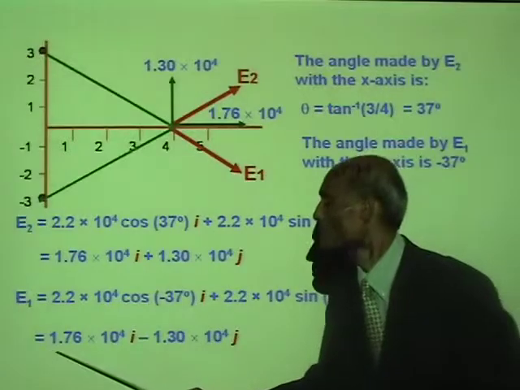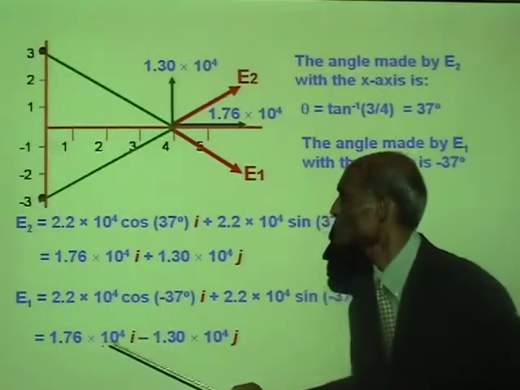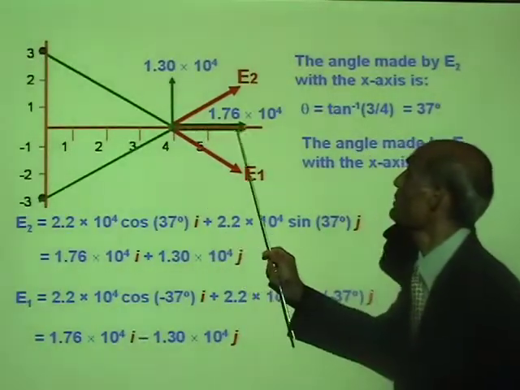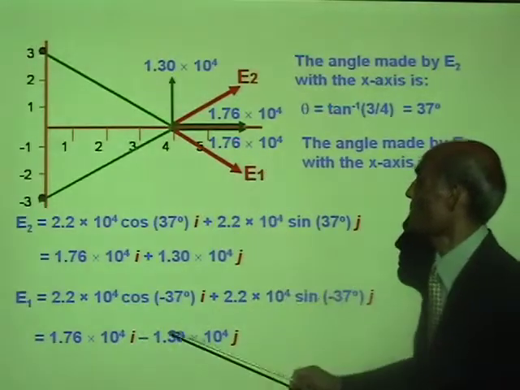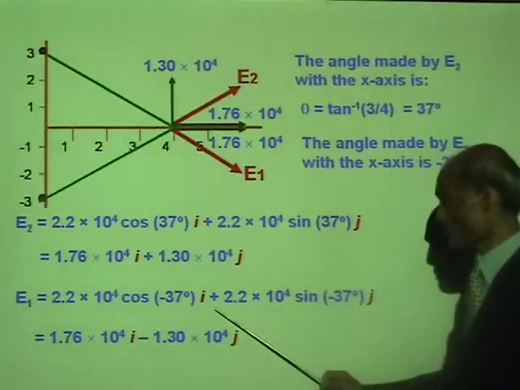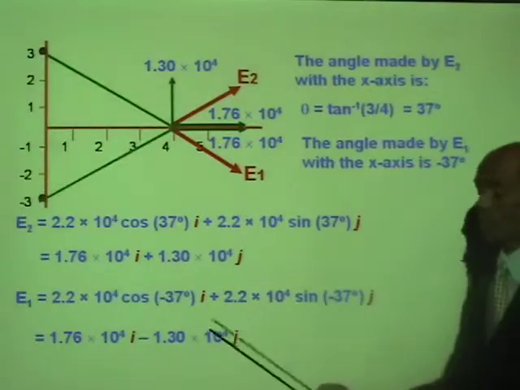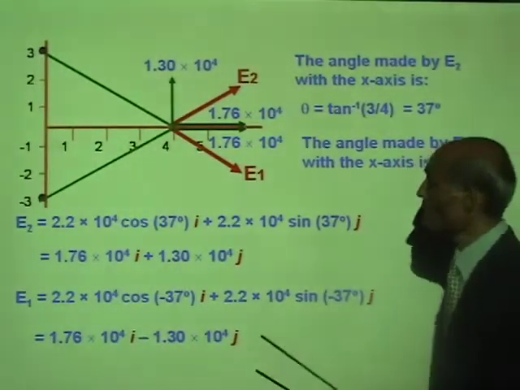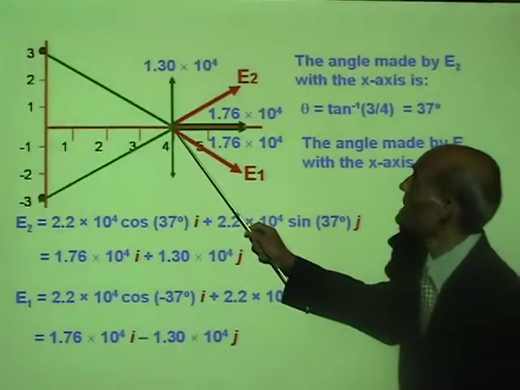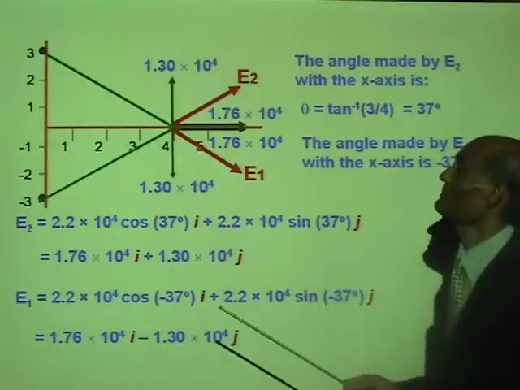And that is 1.76 times 10 to the 4 i, that is this, there you are, minus, so this quantity is a negative quantity, minus 1.3 times 10 to the 4 j, that is the y component.